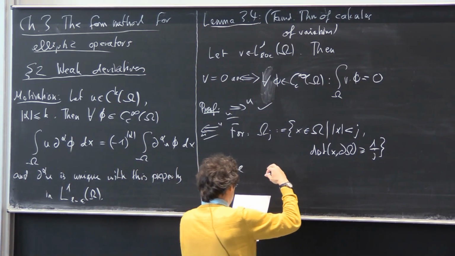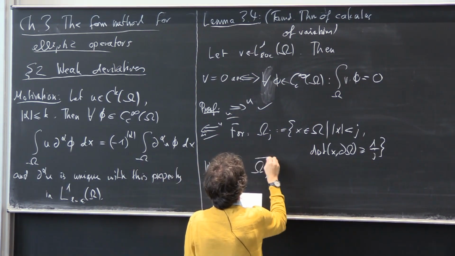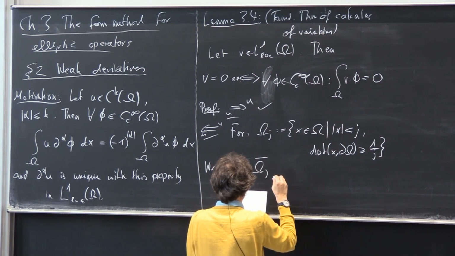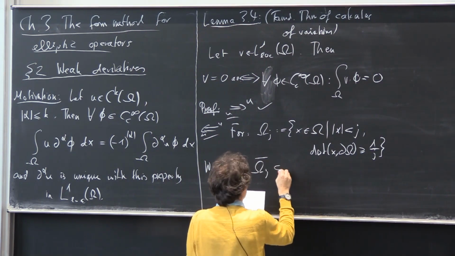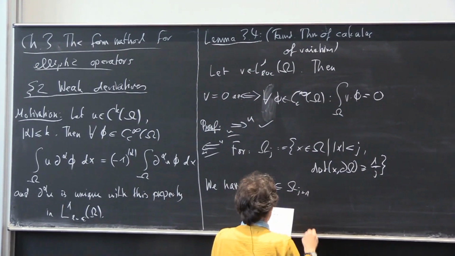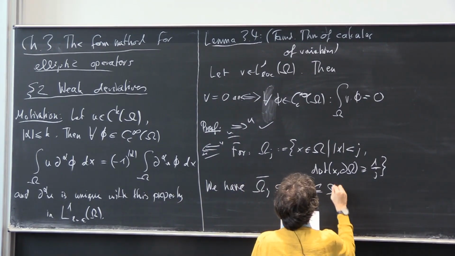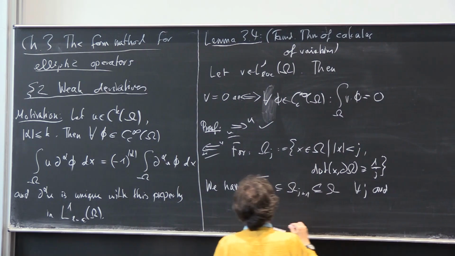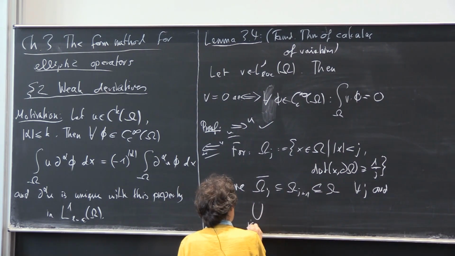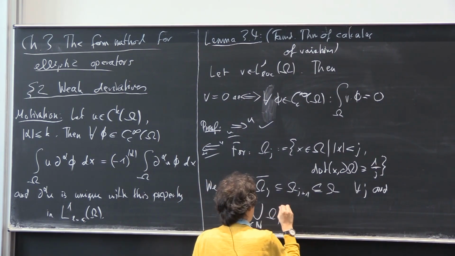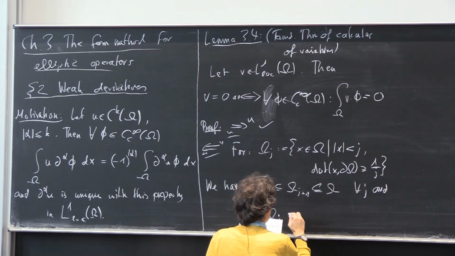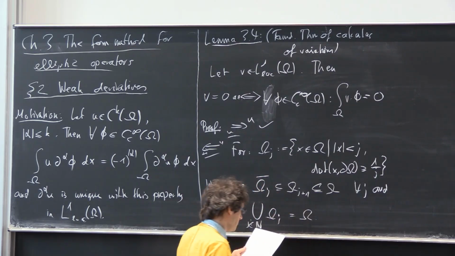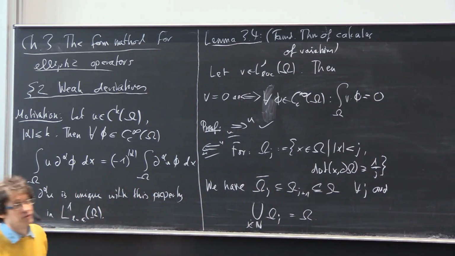So this is a growing thing. If you take the closure of omega j, you are always contained in omega j plus 1, and all these omega j's are contained in omega. And if you take the union of all these sets omega j, you get all of omega, just because every point is in some ball around the origin and has some distance to the boundary.